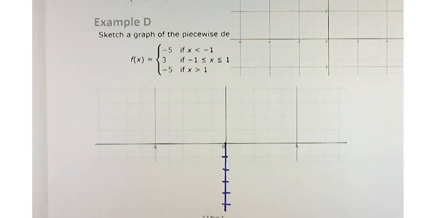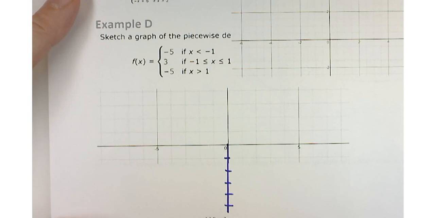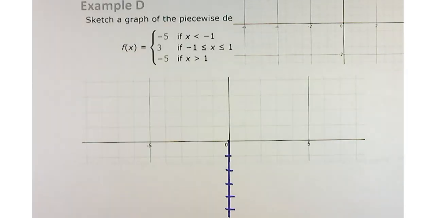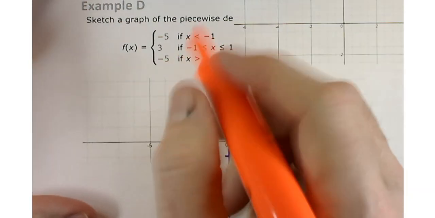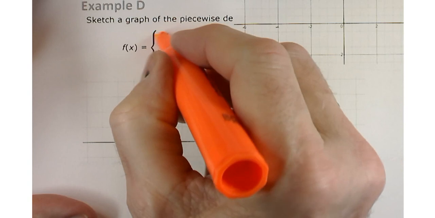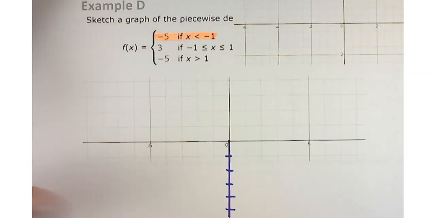And there's 3 parts of this graph. Now we're kind of lucky in this one because the parts of this graph are pretty easy going. For instance, the first part of this graph is y equals -5 for x less than -1. What's the graph of y equals -5 going to look like?